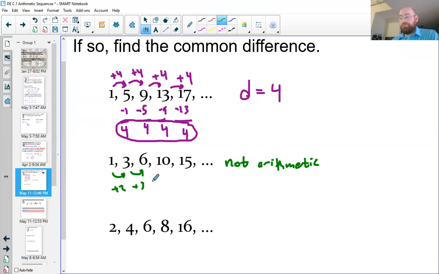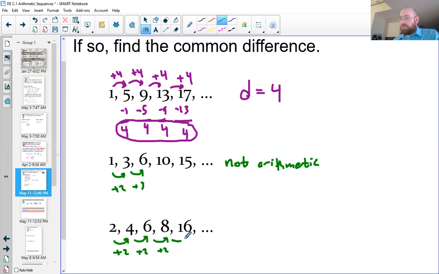If we look at this third example, to go from 2 to 4, we add 2. To go from 4 to 6, we add 2. And to go from 6 to 8, we add 2. So far, it looks like it's going to be a common difference, an arithmetic sequence.